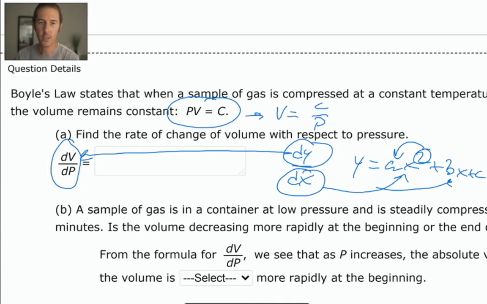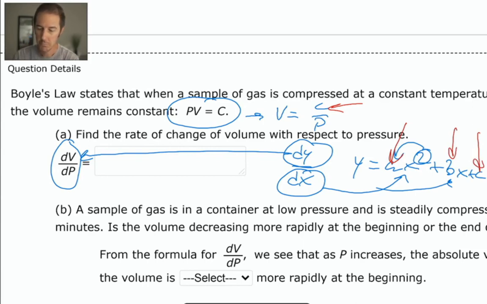We've got V all alone on the left-hand side, with respect to P. So P is what we're considering the variable on the right-hand side. Well, if that's the case, then what the heck is C? It's the same thing as a and b and c over here. It's an unknown constant value. Just in your mind, pretend that it's a number, okay?